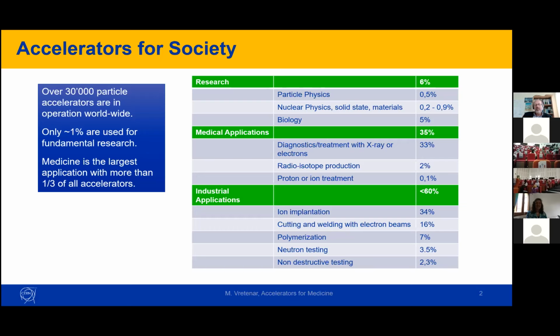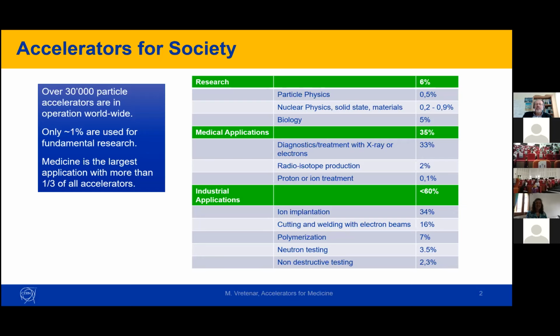6% of accelerators all around the world operate for research, and the rest is well shared between medical applications, about 1/3 of all accelerators in the world, and industrial applications, a bit more than 50% of all particle accelerators in the world.